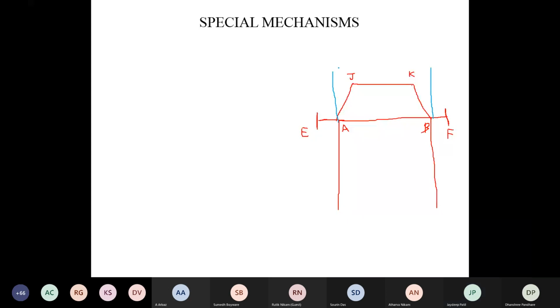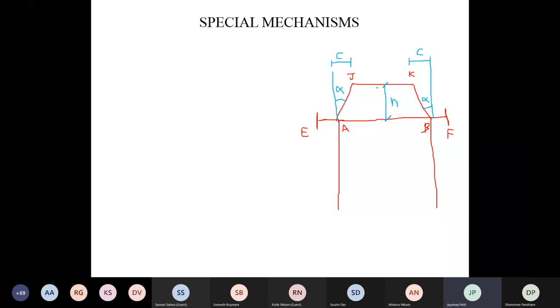This angle is alpha. Now the height of the link JK from AB is fixed, but JK slides inside the bearing.